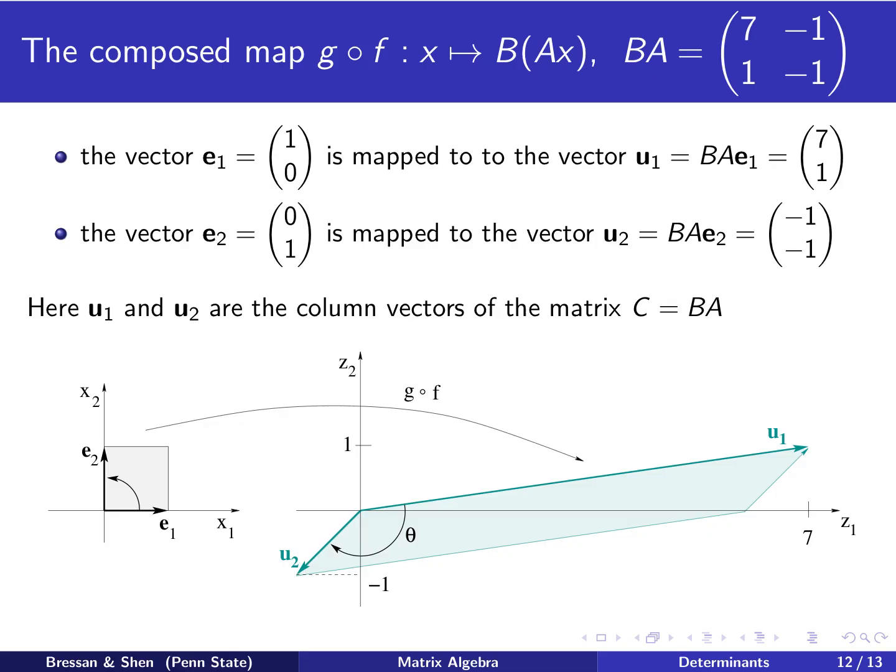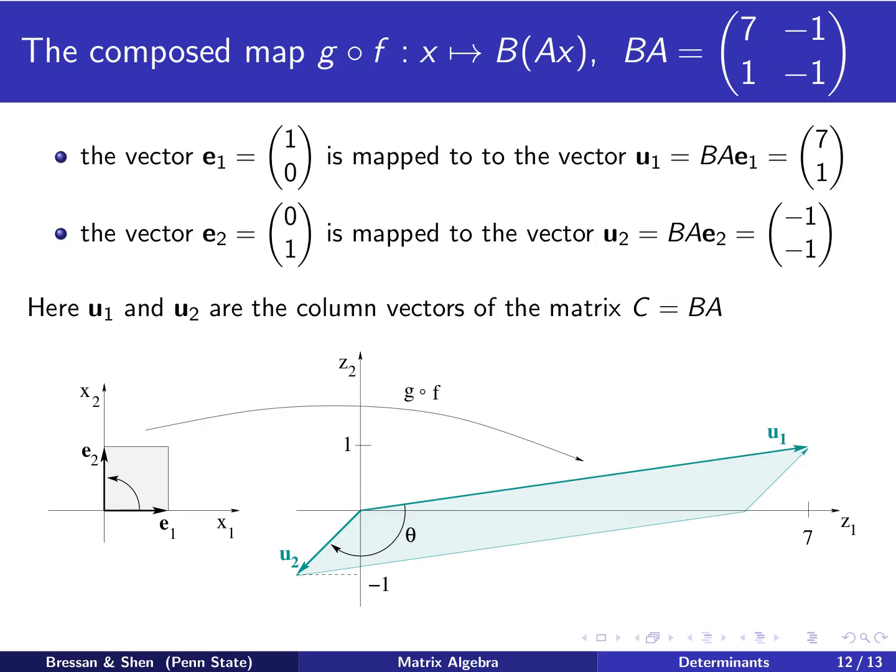Now let's look at the composed map from X to Z directly, where it's B times A times X, and then B times A. We call this matrix C. We computed it as this one. So we go through a similar argument, and looking at E1, it is now being mapped to the first column, which is 7, 1.